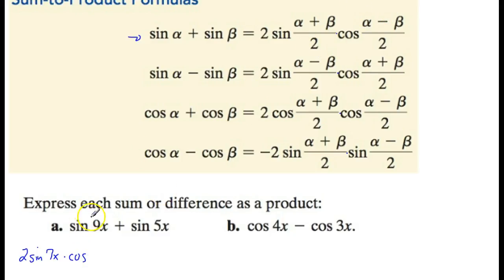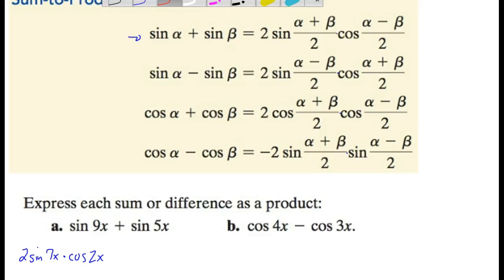So again, 9 minus 5 is 4. And then 4 divided by 2 will give me a 2x. All right, so 2 sine 7x times the cosine of 2x. We start off with plus, we end up with multiplication.